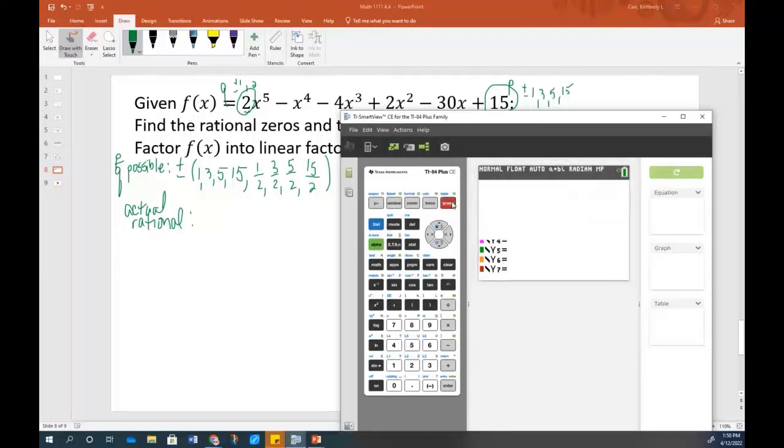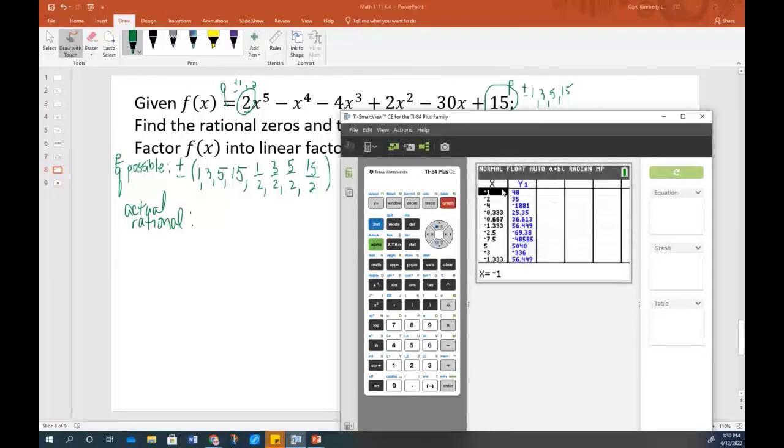So that's second graph. And I'm just going to be typing over these x numbers to put in those p over q numbers. So I have 1, 3, 5, 15. None of those work. Now be real careful when you're doing this. Watch out for anything that has, I know that's awfully small for you guys.